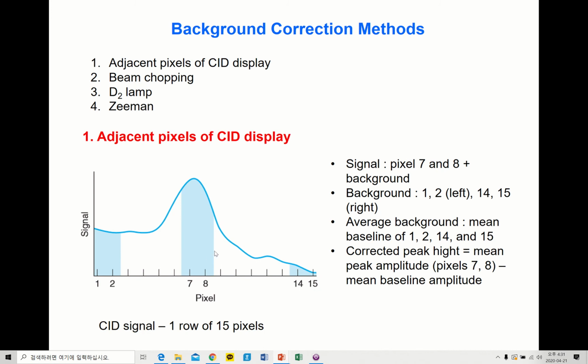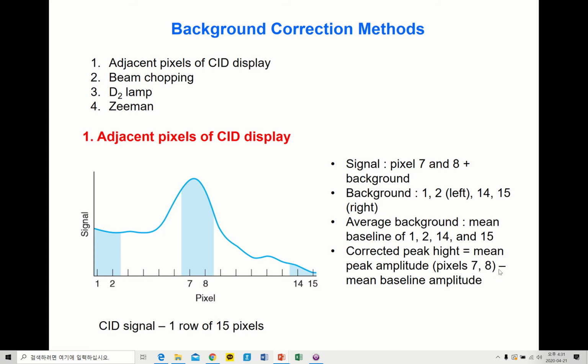So one way to do it is to take the background on the left side and also the background on the right side, and take an average. The corrected peak height is the mean peak amplitude, taking the mean of these two, minus the mean value of the baseline.